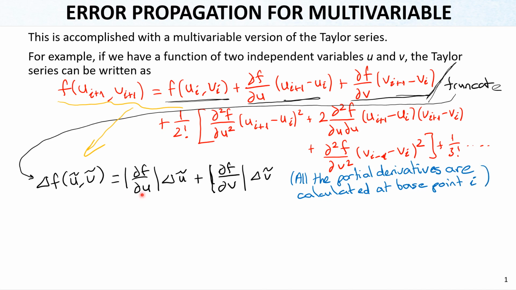So basically here and here, because we didn't write any i or i+1, you may be confused, and they are actually at the i-th values, only at i, not i+1.